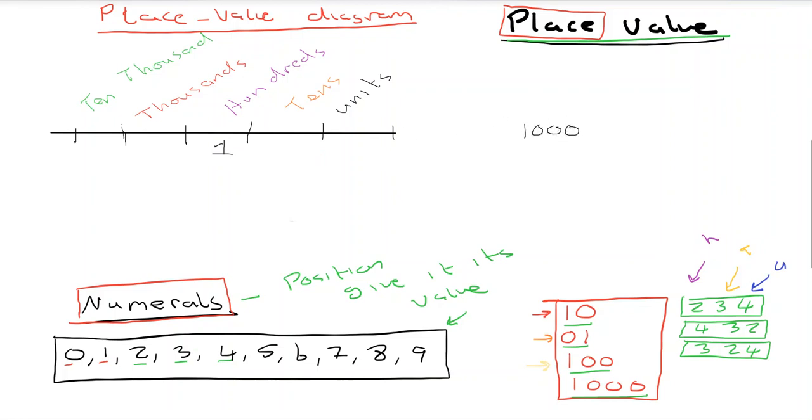Okay, if I was to take that number and place it here, that means 10. So again, you can see that depending on where we place it, it'll represent a specific value, which makes this system very, very powerful.